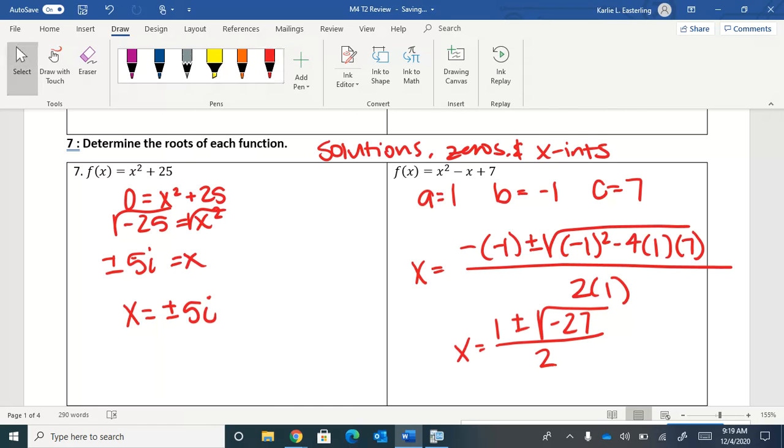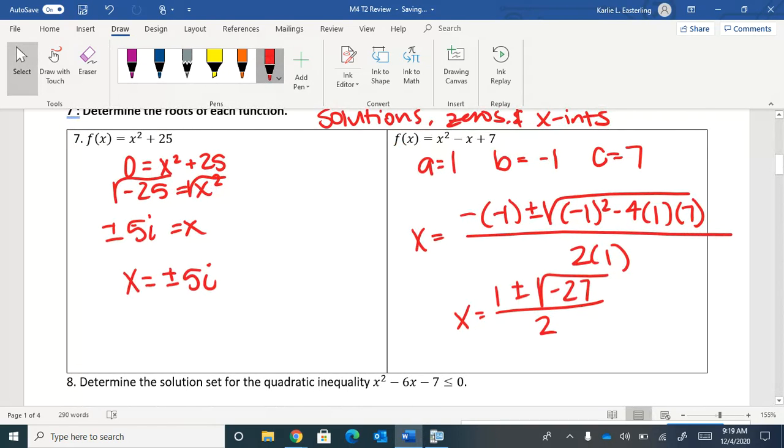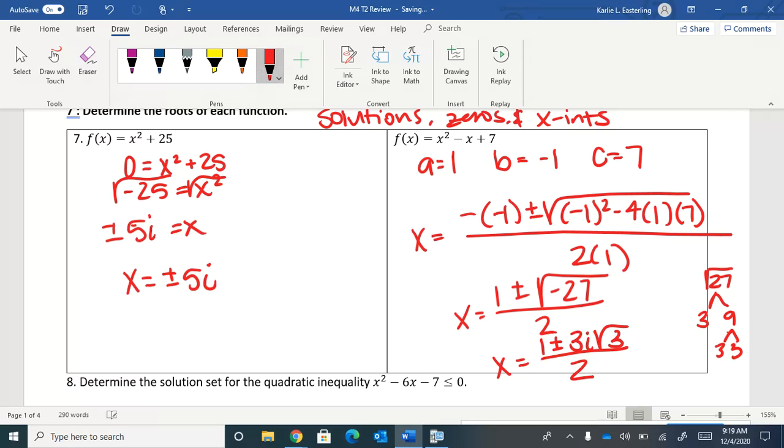The square root of negative 27 is not a perfect square root, so 27, I believe I divided by 3 and got 9, and then 3 and 3. So I also recognize the square root of 9 is 3, so what you're looking at is x equals 1 plus or minus 3i square root of 3 divided by 2 would be your final answer here.